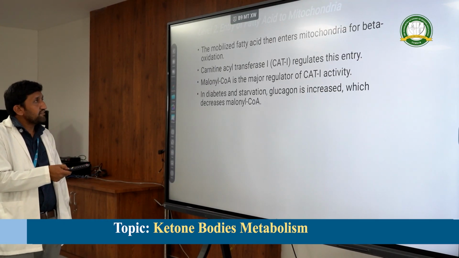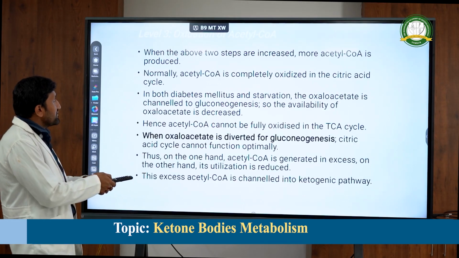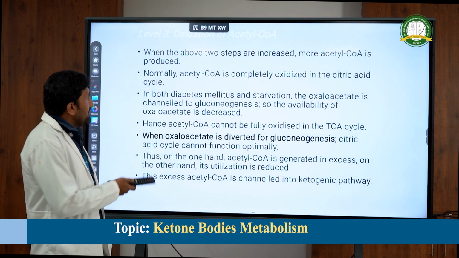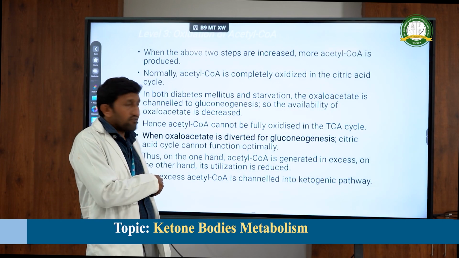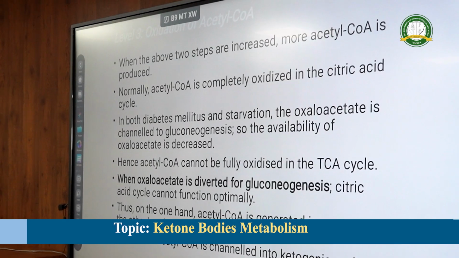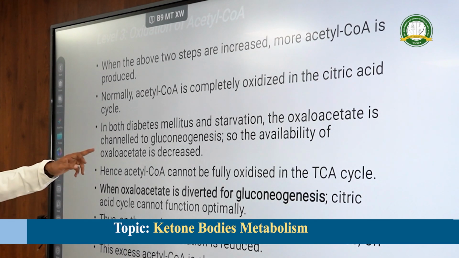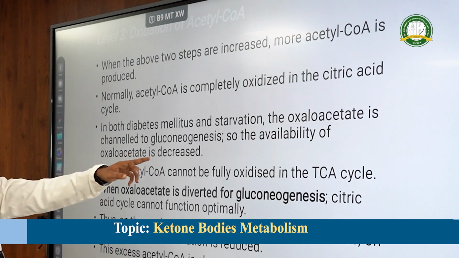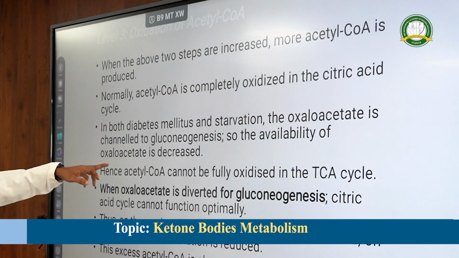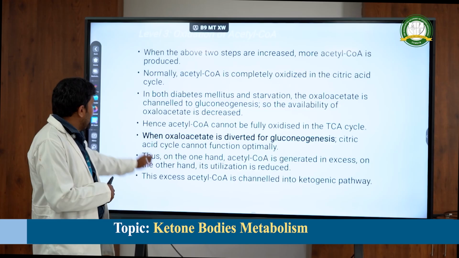And the third thing is, when the above two steps are increased, more acetyl CoA is produced. Normally acetyl CoA is completely oxidized in the citric acid cycle. In both diabetes mellitus and starvation, the oxaloacetate is channeled to gluconeogenesis, so the availability of oxaloacetate is decreased.